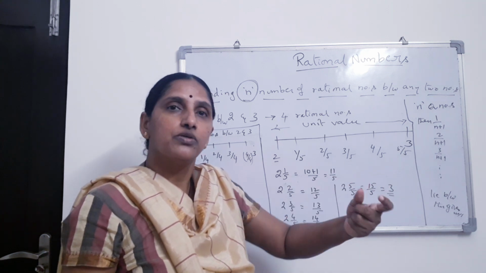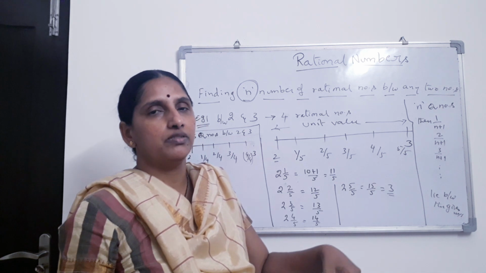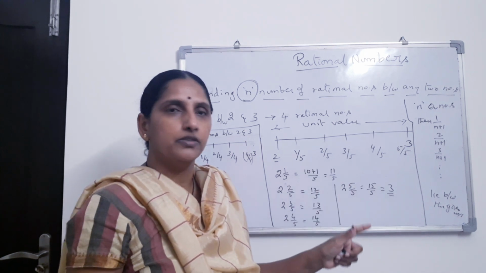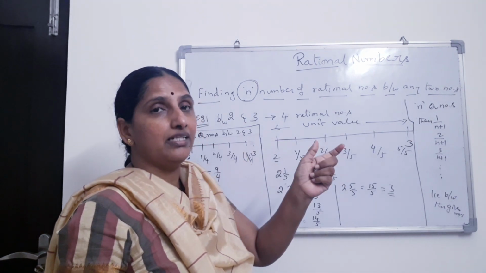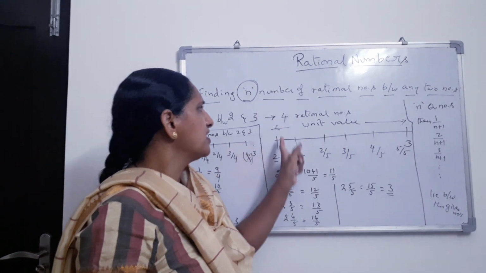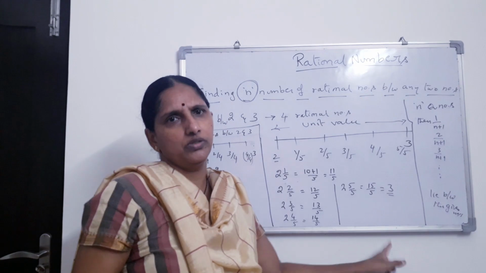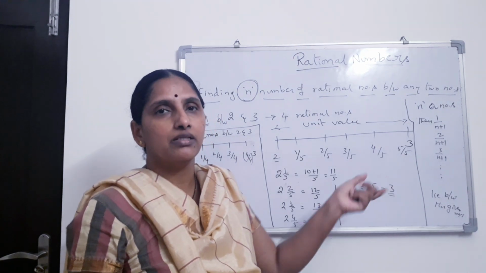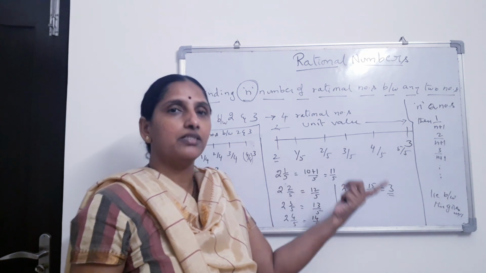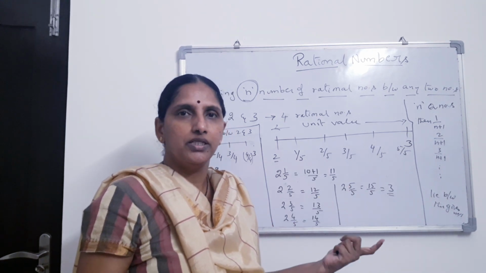Likewise you can find a number of rational numbers between the two given numbers. But if you can take this logic into your mind, it's the easiest way to do it. In the examination they will specify it, like by using mean method or average method. So that method is also important for us to learn, right?